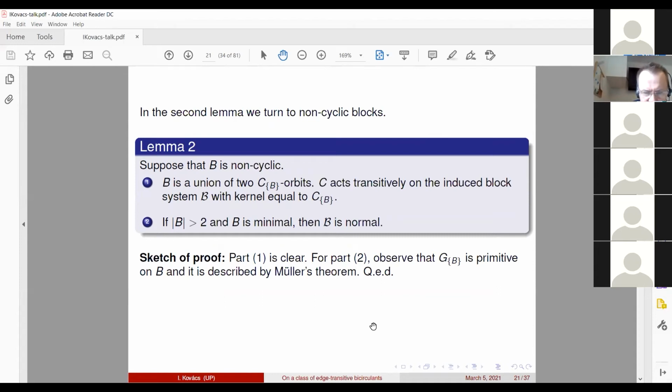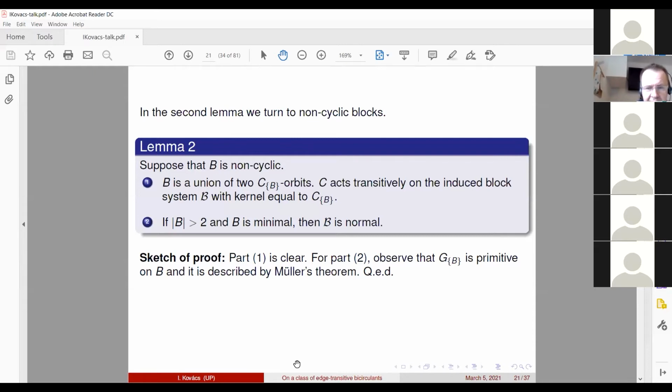And for the second part, I will just point out a trick which we use many times later: if you have a non-cyclic block and it's minimal, then the stepwise stabilizer of the block induces a primitive permutation group on the block on the one hand. But on the other hand, because the block is non-cyclic, this primitive permutation group contains a semi-regular cyclic subgroup with two orbits.